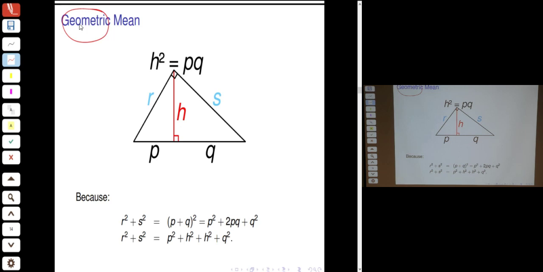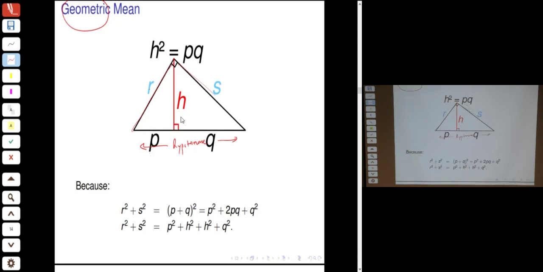If you take a right angle triangle with side lengths r and s, and from the vertex which contains the right angle, the 90 degrees, you drop a perpendicular on the hypotenuse, and the length of this perpendicular is h, then this perpendicular will divide the hypotenuse into two parts of lengths p and q.